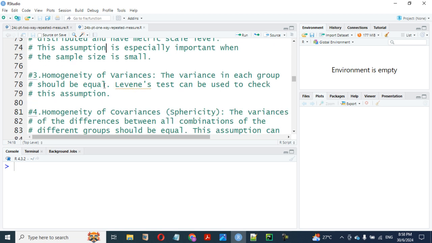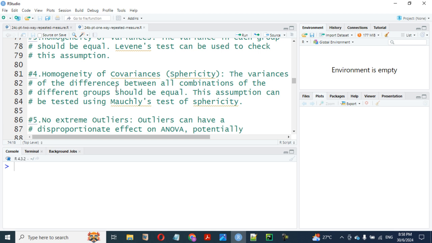All right. So homogeneity of variance is also important. The variance in each group should be equal, so Levene's test can be used to check that. Also, we have what we call homogeneity of covariance, so don't forget, it is called sphericity. The variance of the differences between all combinations of the different groups should be equal. This one is different from the previous one.